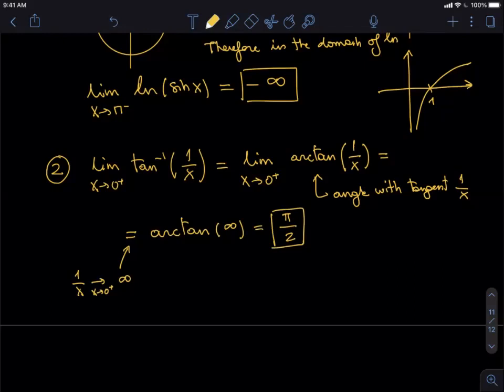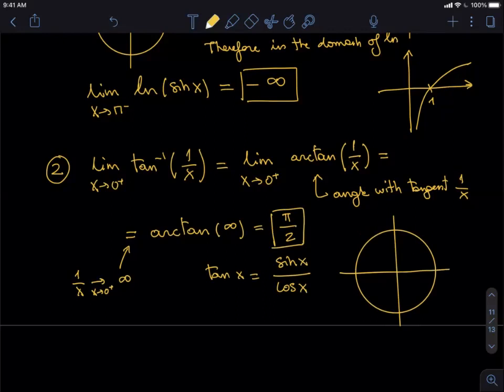Why is it so? Well, we don't need the circle right now. Notice that the tangent is the sine divided by the cosine. And yeah, actually we needed a circle. When you move towards pi over 2, the sine of x is going towards 1 and the cosine of x is going towards 0, and this is happening from the positive.